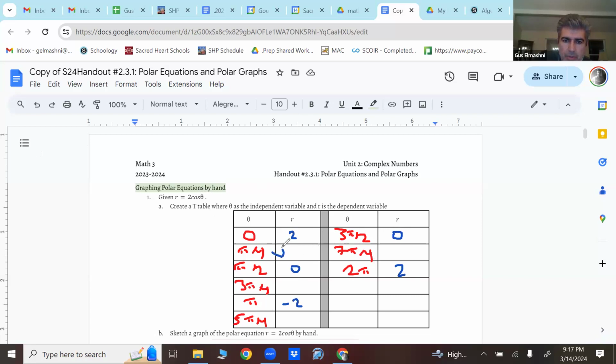Pi over 4 gives cosine root 2 over 2, so r is root 2. Then 3 pi over 4 gives negative root 2.